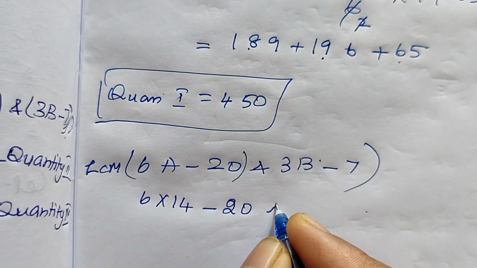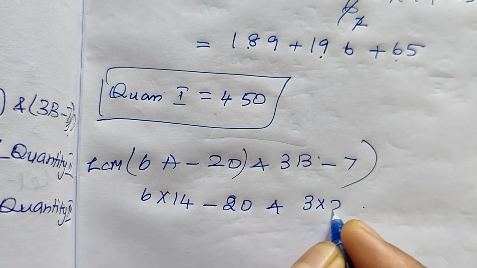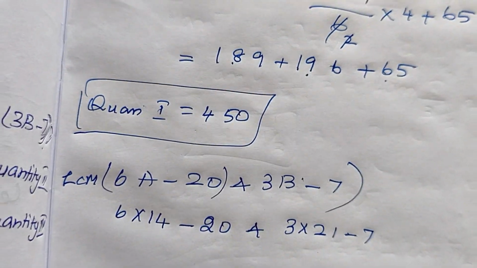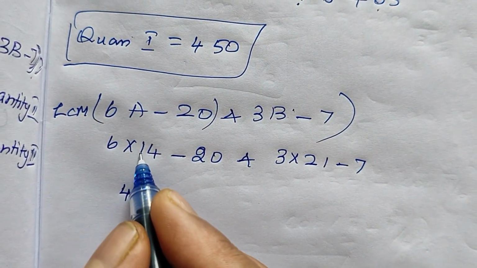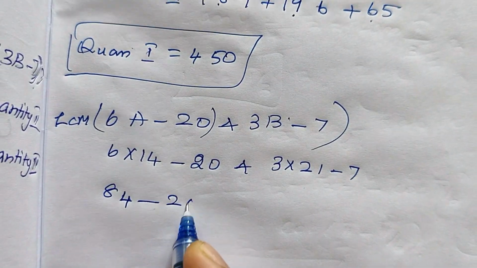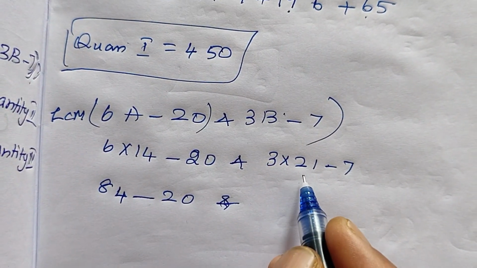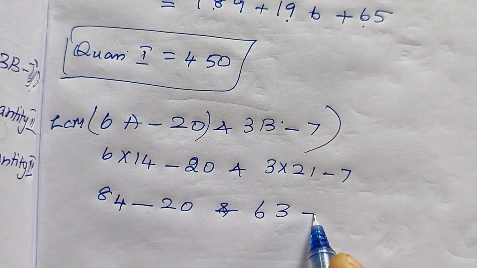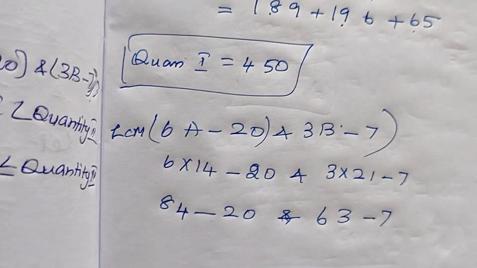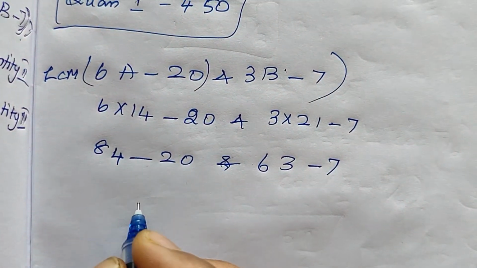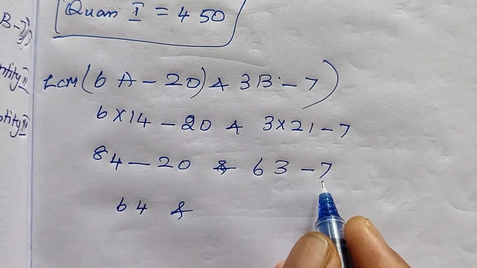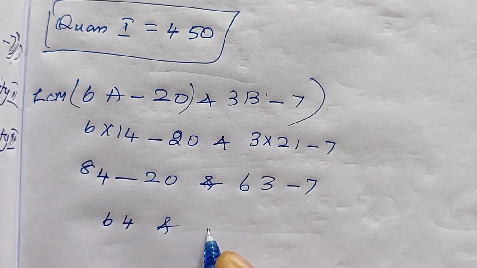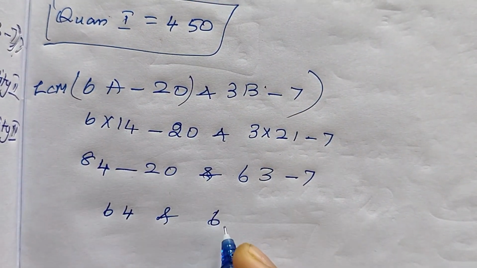And 3 into 21 minus 7 is 63 minus 7, which is 56.